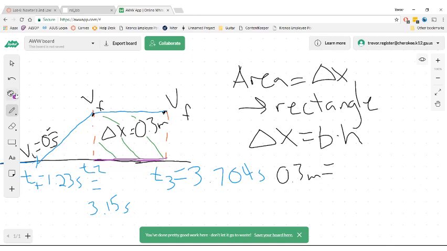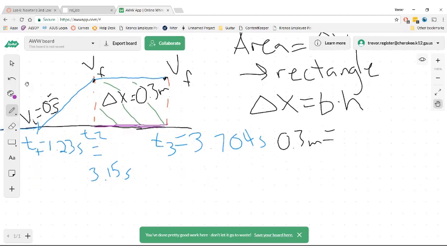So if I subtract these values, 3.704 minus 3.15, I plug that into my calculator and I get 0.554 seconds. So over here, 0.554 seconds is my base.